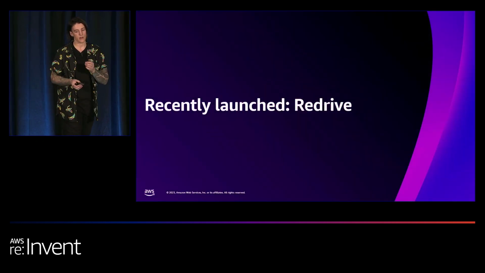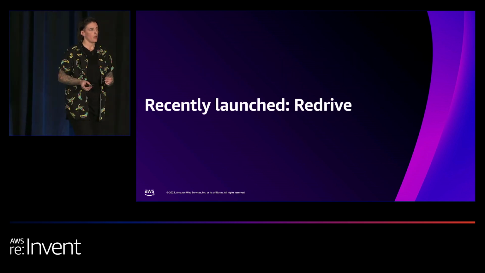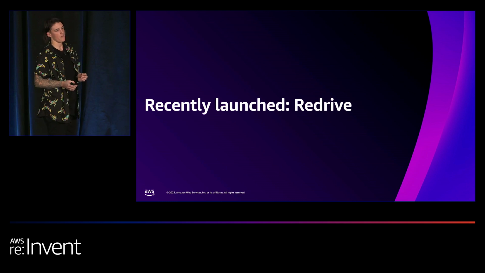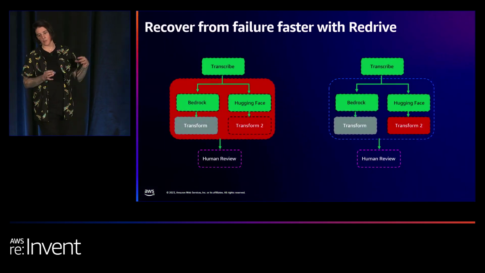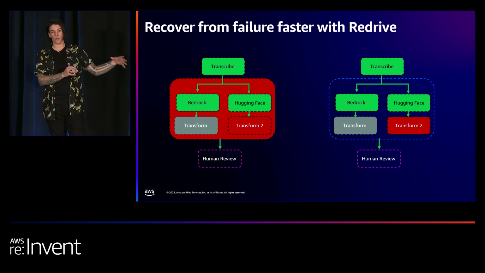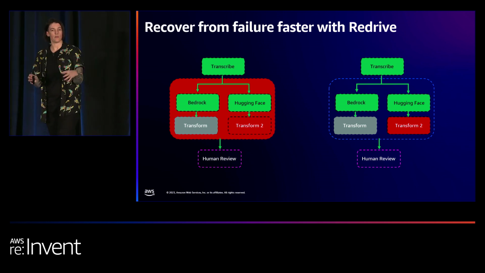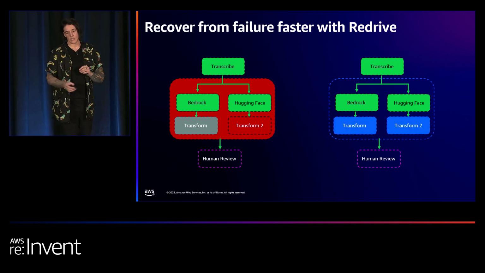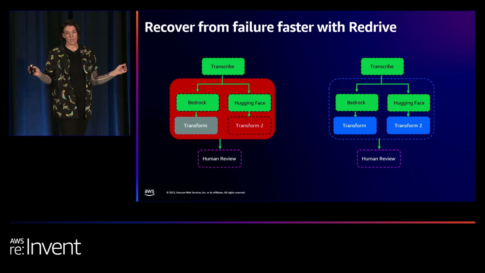Well, a couple weeks ago, we announced Redrive, which provides the ability for you to recover from a point of failure faster. So when we take that example on the left of where a parallel state failed, with Redrive, this is both available in Workflow Studio as well as programmatically as an API, we simply redrive those failed steps while preserving anything that completed successfully.